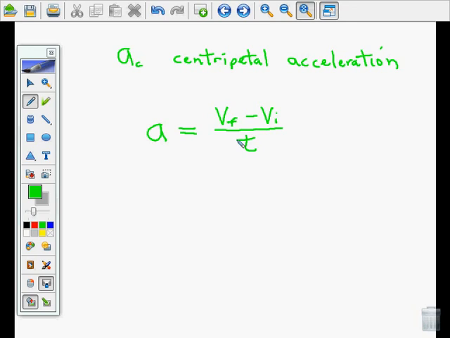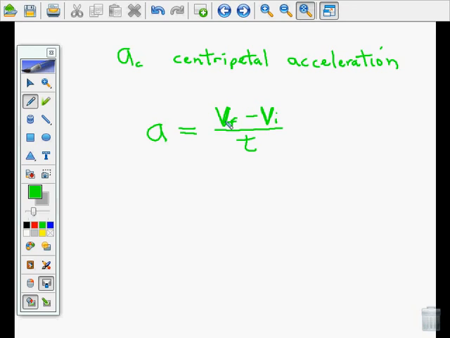But the problem is, we're studying uniform circular motion, where objects aren't speeding up or slowing down. So if we were studying a car going around a circular track, and they had their cruise control set on 55 miles per hour, then their initial velocity would be 55, and their final velocity would be 55, and at first you would think, oh, the acceleration is 0. But yet with the accelerometer, we just saw how there really is an inward acting acceleration. The problem with this formula, it doesn't take into account direction.